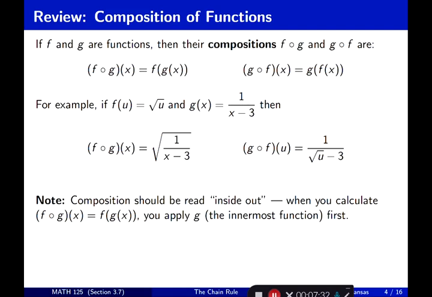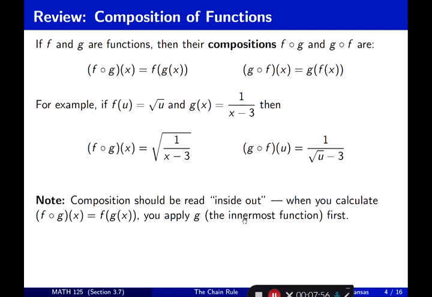And in this section we are going to talk about the innermost, and then the next level, the next level, and the next level, because composition of functions can happen in many layers. A function can be a composition of 2, 3, 4 functions or more.